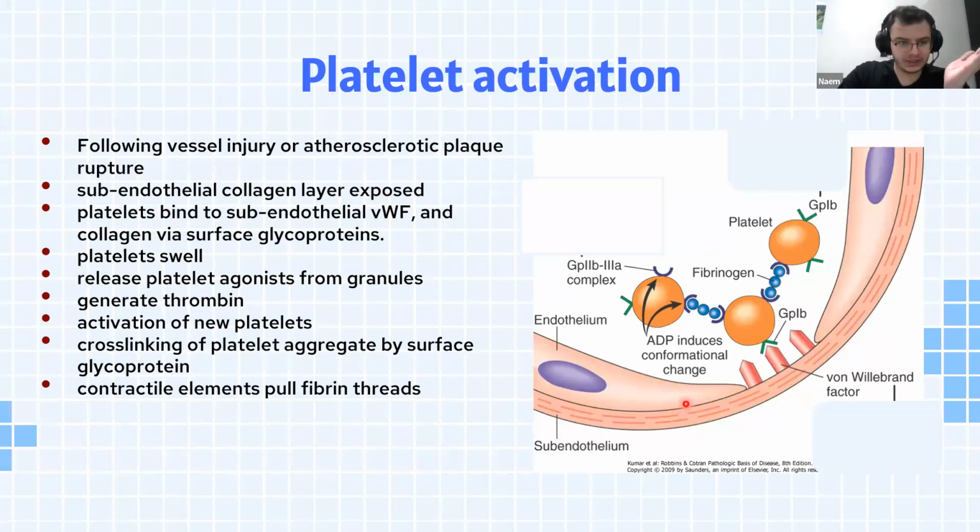Because of the injury, basically every single time, the collagen in the basement membrane gets exposed. And remember when I told you this basement membrane really leads to a lot of clotting? Why is that? Because it has the VWF factor on it. This is the VWF factor on the vessel wall. What binds to it?